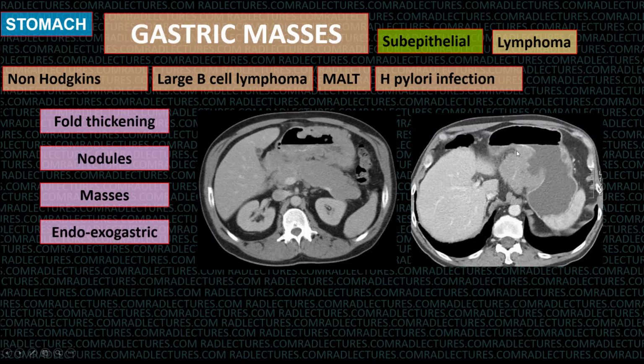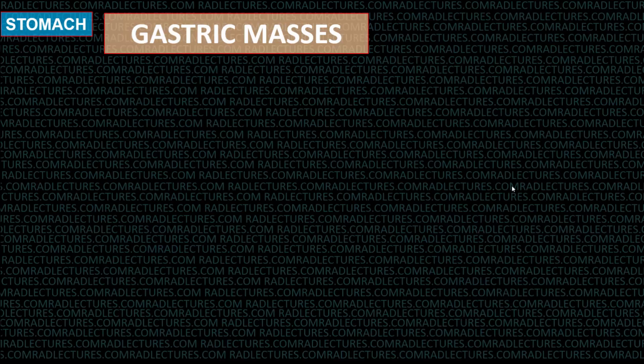Also notice that when it invades outside the wall of the stomach, the margin of the lymphoma remains very nicely sharp, whereas the margin of a cancer will become ill-defined as it invades outside. So lymphomas have a tendency to ulcerate.